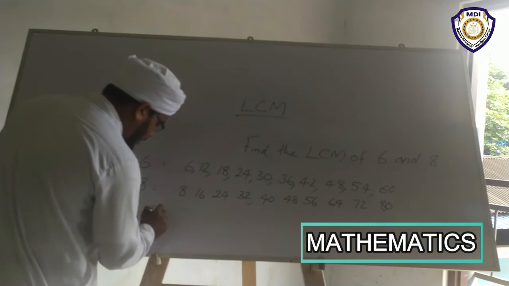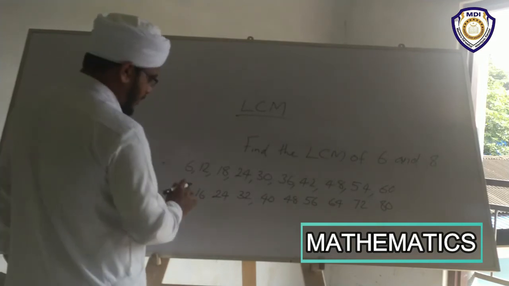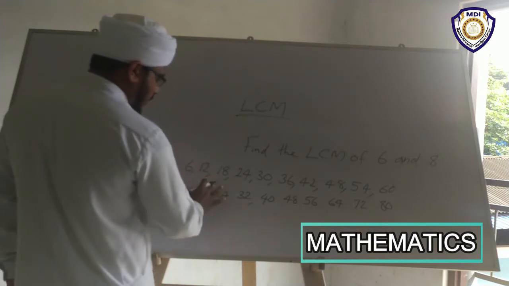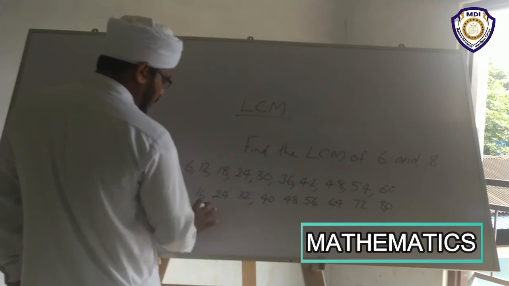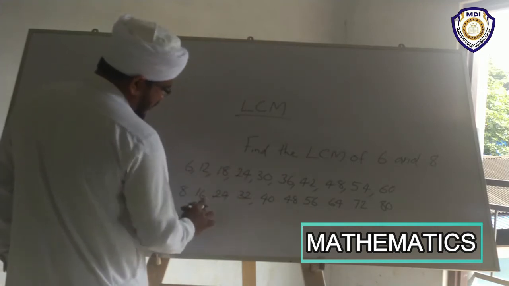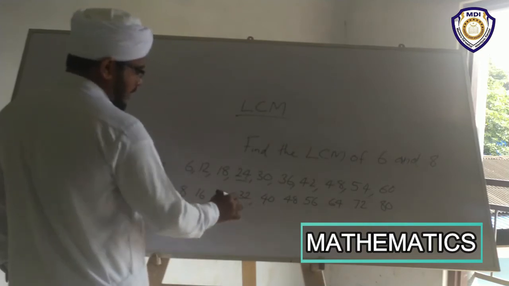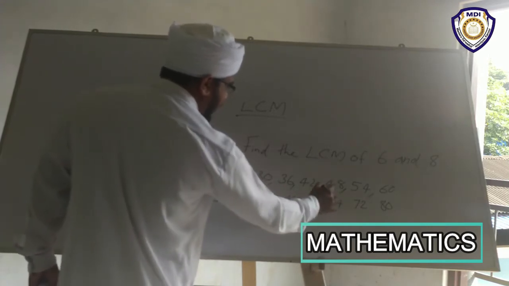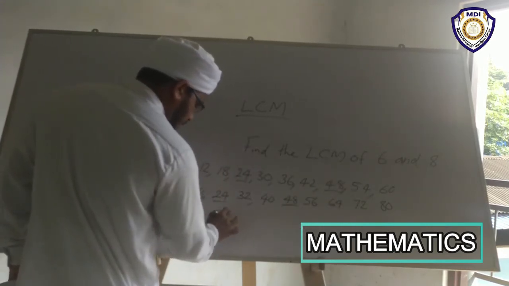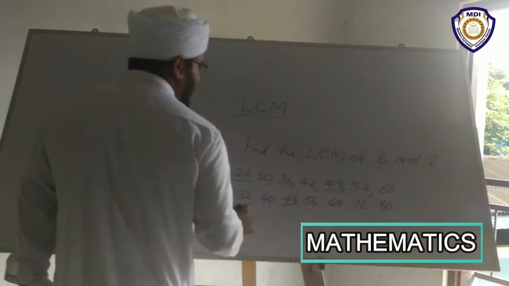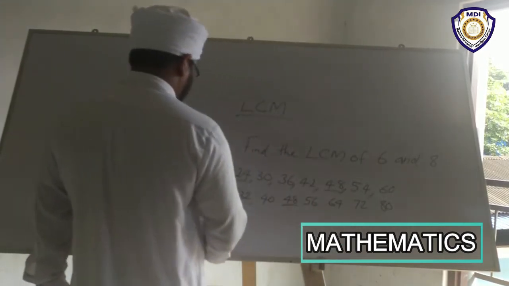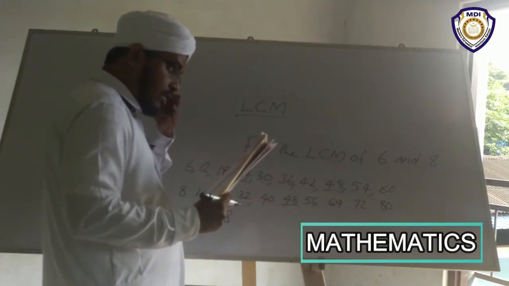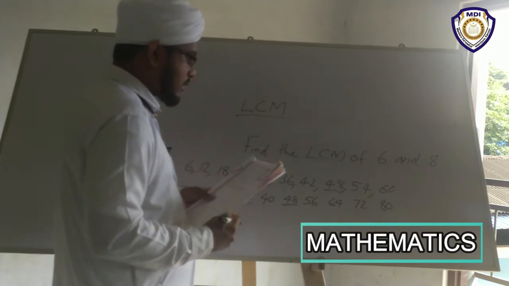Which are the CM? 6, no. 12, no. 18, no. 24, yes, 24 here and here. Then 30, 36, 42, 48, yes, 48. Then 54, no. 60, no. Then 24 and 48.